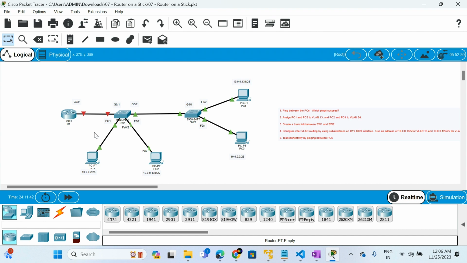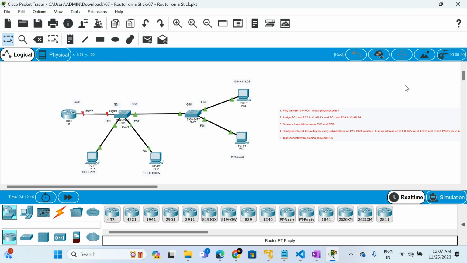So I'm creating sub-interfaces gig 0/0.13 and gig 0/0.24, and enabling the encapsulation. It should be in trunk mode to send both traffics, and to untag that traffic we need these VLANs configured.